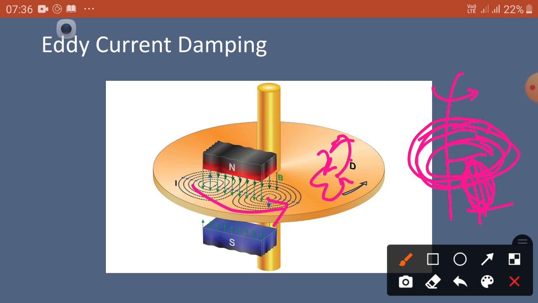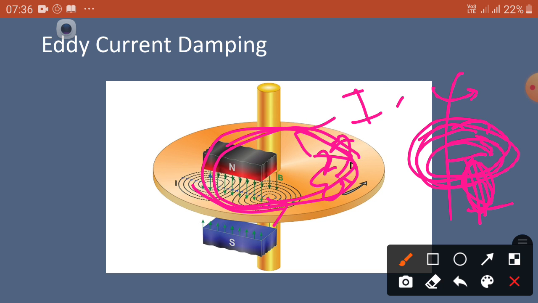This disc is continuous and forms a closed path, so a current passes through it. Once the current passes, its own magnetic field is developed in the disc, and this magnetic field always opposes the cause of its production, as per Lenz's law.